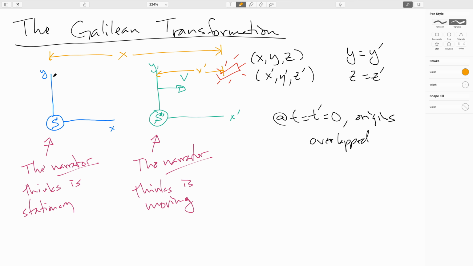So at the time that the firecracker went off, which will be time t, and there'll also be t prime, S would say that S prime was located at a distance vt away from them.